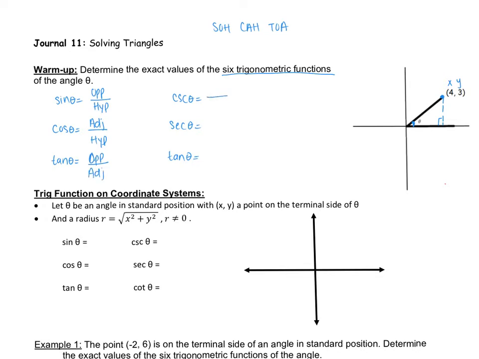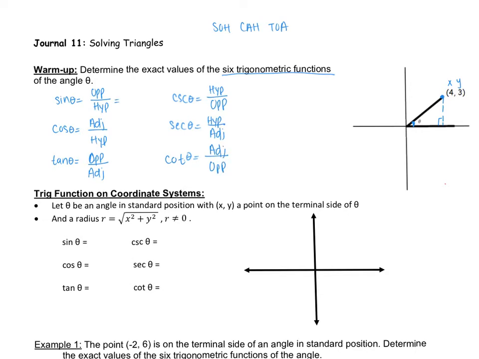And then the reciprocals. So for cosecant, that's the reciprocal of sine, so that's going to be hypotenuse over opposite. And secant is the reciprocal of cosine, so hypotenuse over adjacent. And last but not least, oops, I meant to write cotangent. My bad. So cotangent is going to be adjacent over opposite.